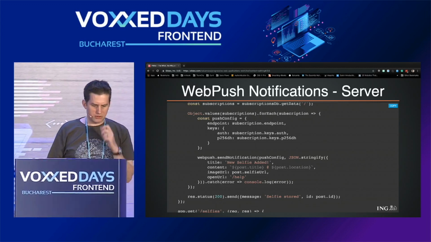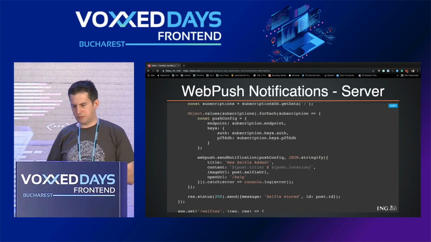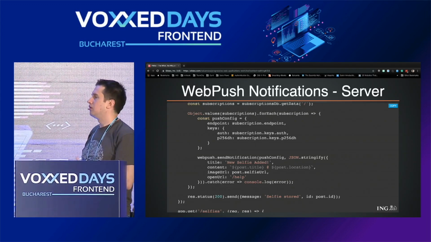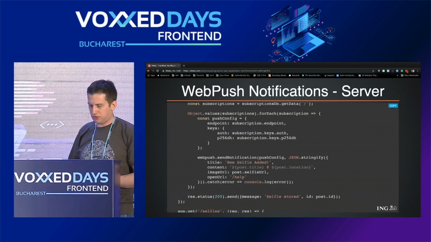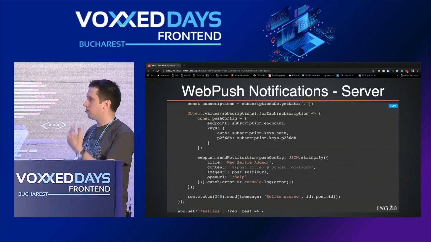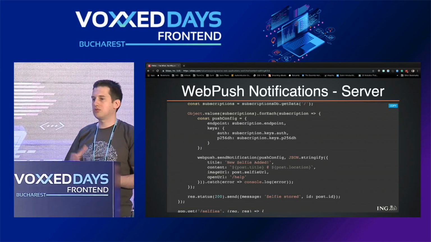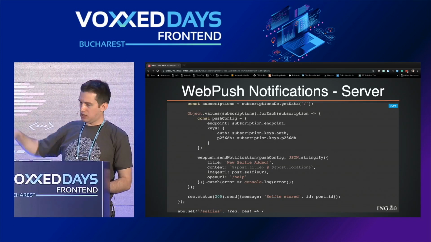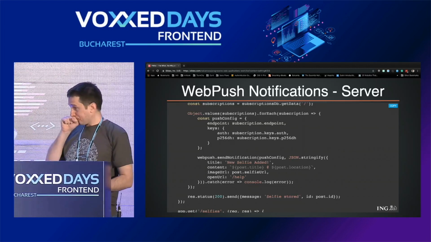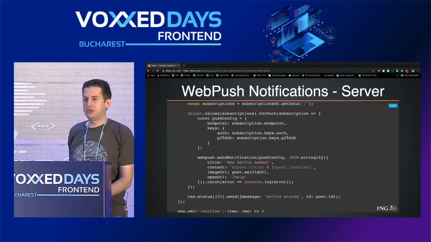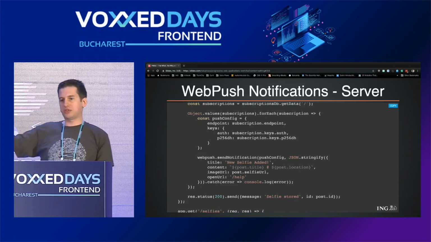Yesterday we had a workshop about progressive web apps, and this was one of the code labs. The main app that we had there was a selfies app. You take a selfie, it's saved on the server side, and then you get a notification with the picture that was taken.